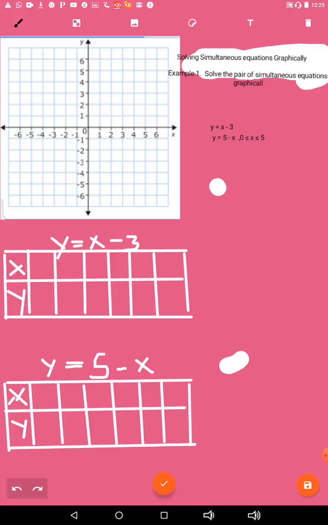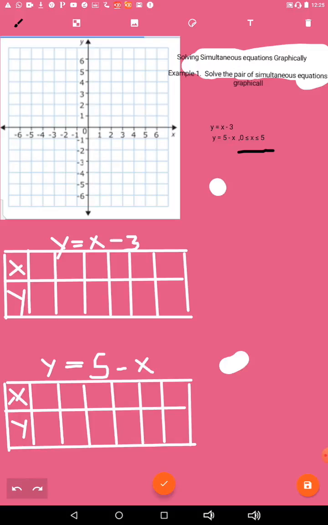Now, this question tells us what the x values are, right? So that inequality you're seeing there is telling you that the x values are from 0 to 5. So it means that the value for x can be greater than or equal to 0, but less than or equal to 5.